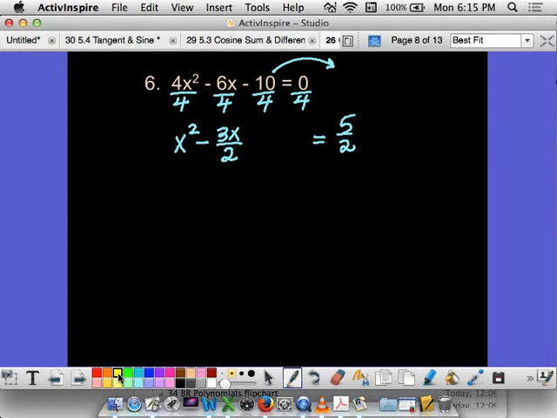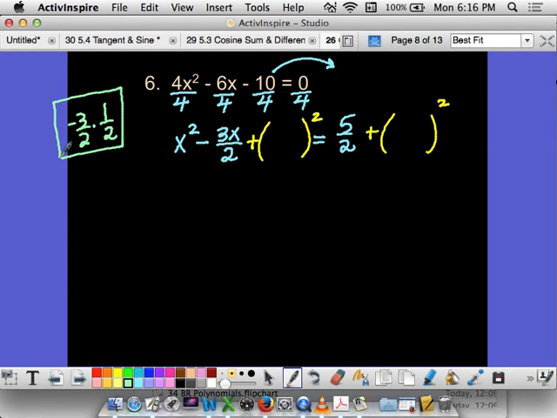Now the rule is, always add half of b squared to both sides. So what I'm doing is I'm taking half of 3/2. So I'm going to say half of negative 3/2 times 1/2, or you can say negative 3/2 divided by 2. This is really the easiest to do, and when I multiply that, I can see that that's going to be negative 3/4.